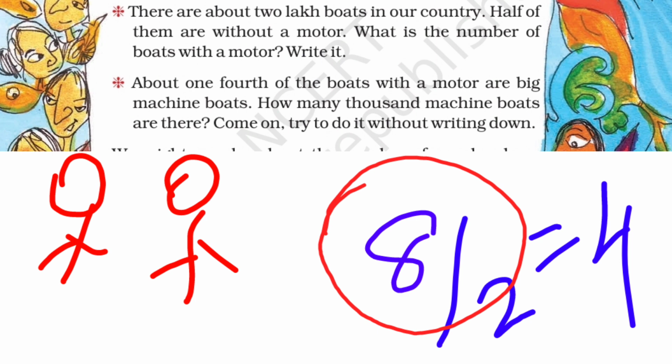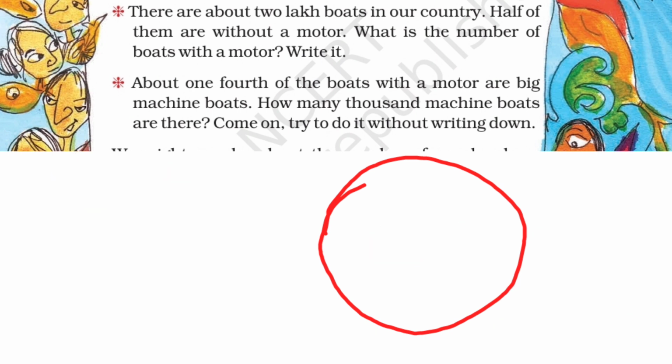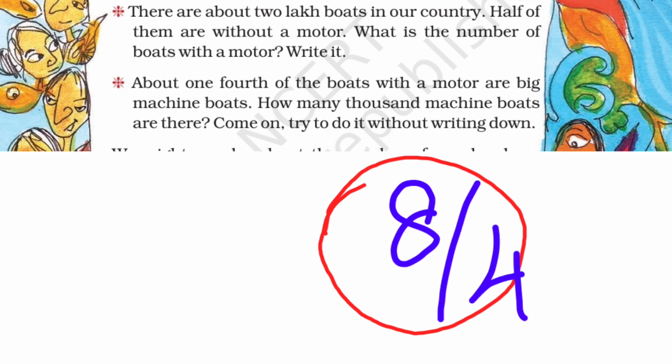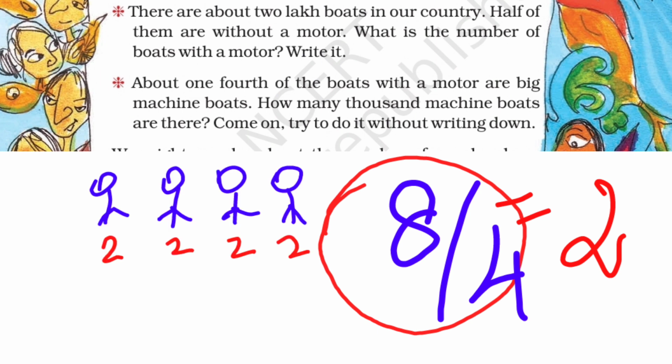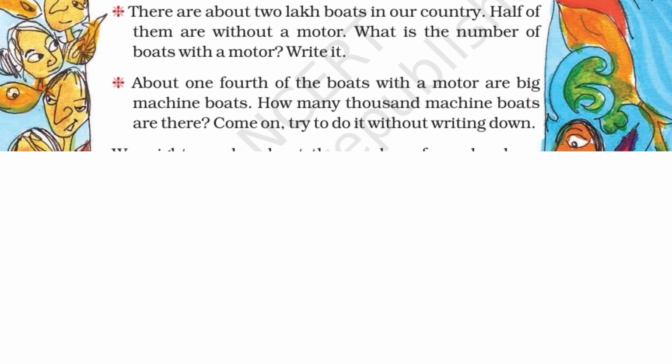So for the first brother I will give 4 rupees and for the second brother another 4 rupees. So this is divided into 2 equal parts. Likewise, if I need to share this into 4 equal parts, I will divide 8 by 4, which is 2. So I will give 2, 2, 2, 2 to 4 brothers. Each brother will get 2 rupees. So that is 1/4.